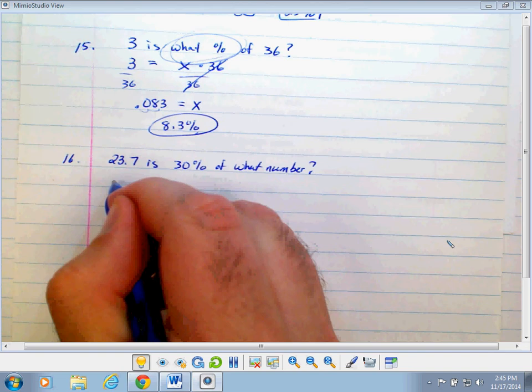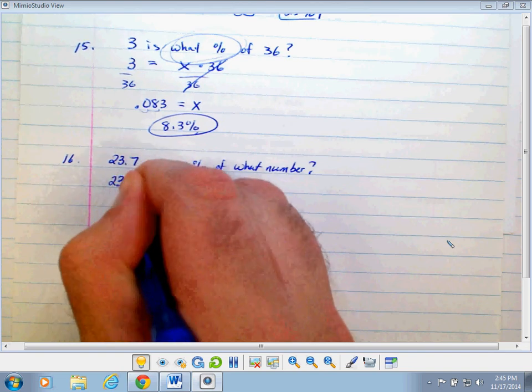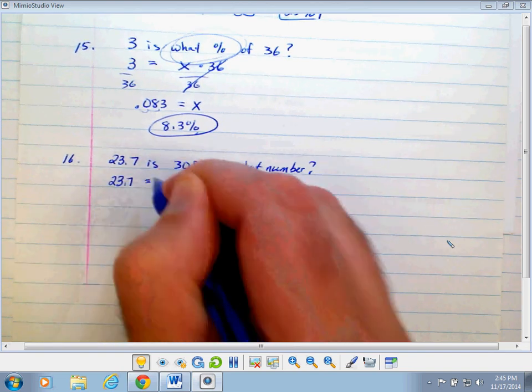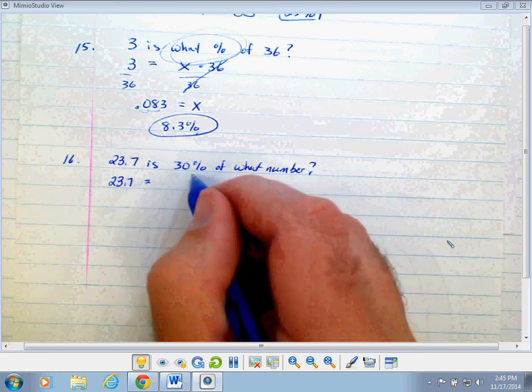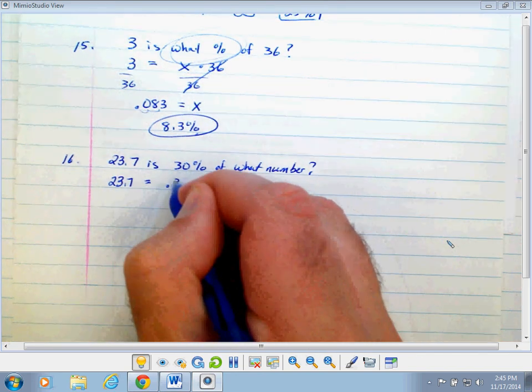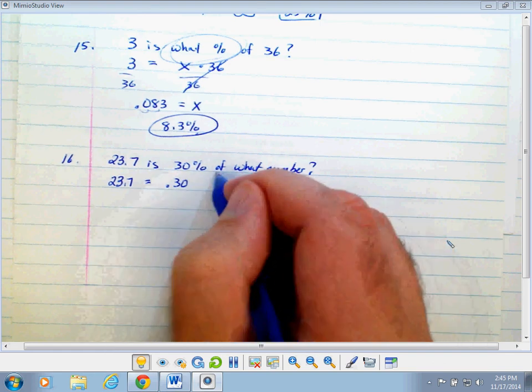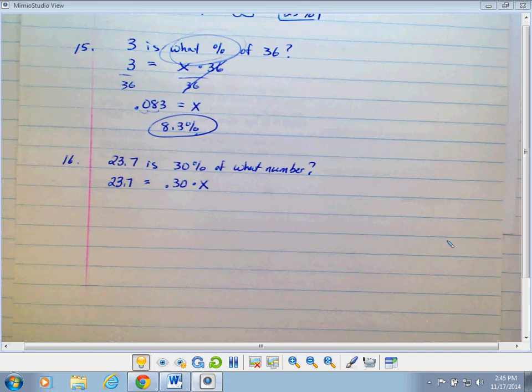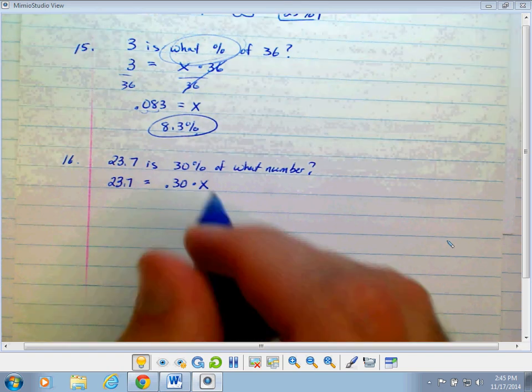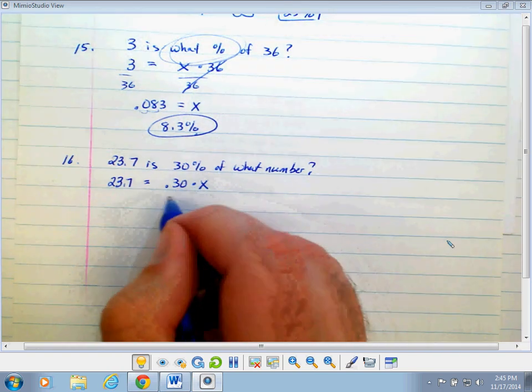So again, writing it in the format that we've been doing, 23.7 equals 30%, but written as a decimal, 0.30, of means times, and what number means x. So as you can see, what I really need to do is get rid of the 0.30, so I'll divide it.